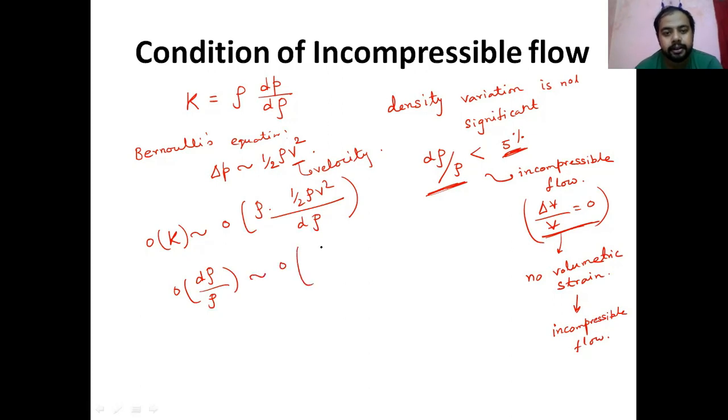So it is nothing but the order of del V square by K. It is the order of half V square by K by rho.